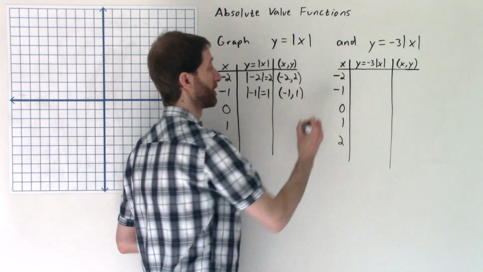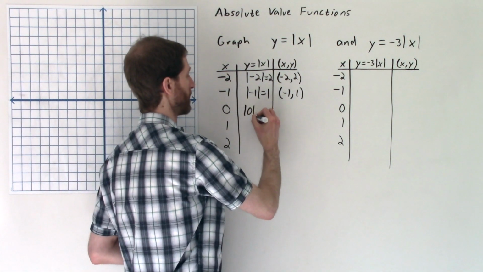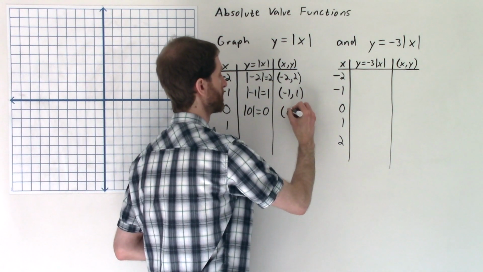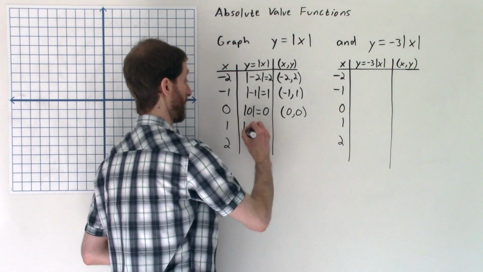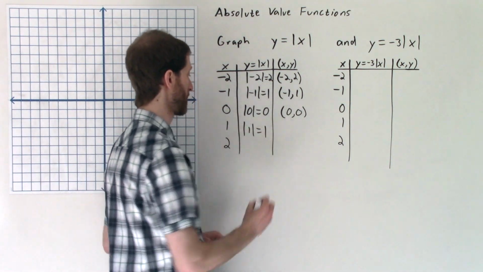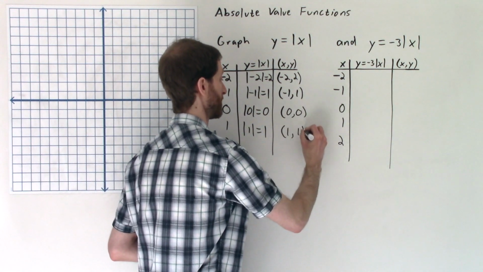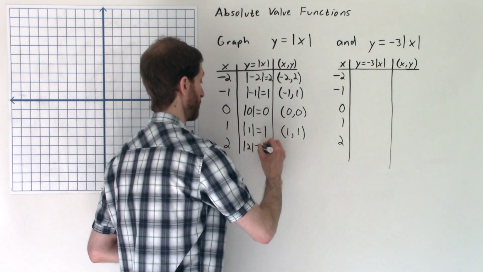Now we're going to plug in 0. The absolute value of 0 is 0, and so 0, 0 is our point. Then 1: the absolute value of 1 is 1, so the point is 1, 1. And then we plug in 2. The absolute value of 2 is 2.